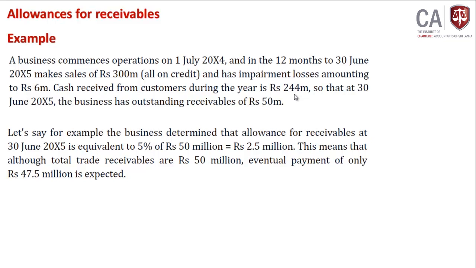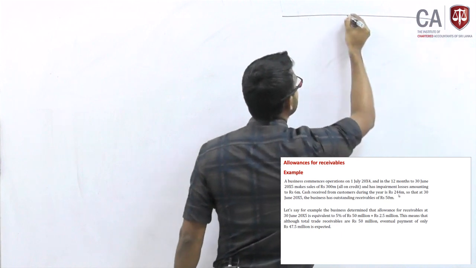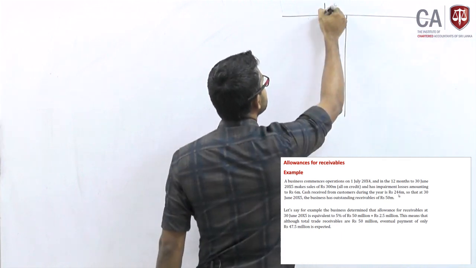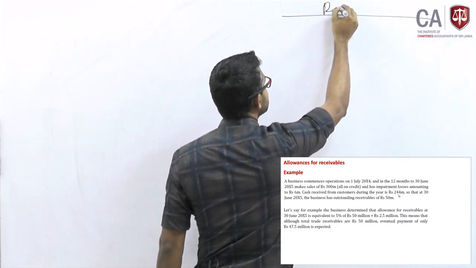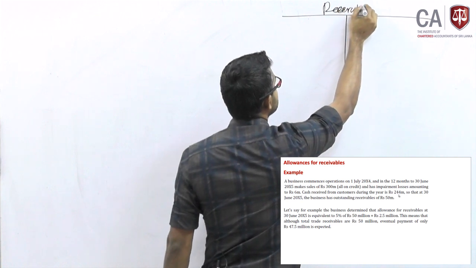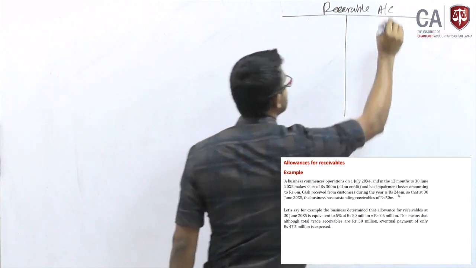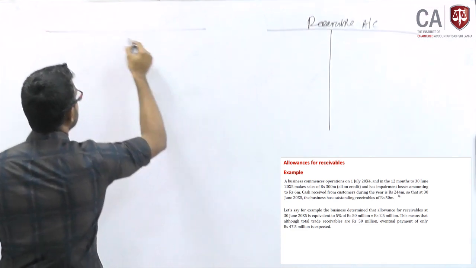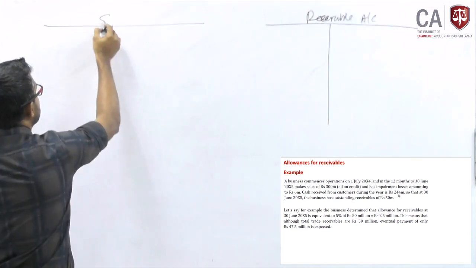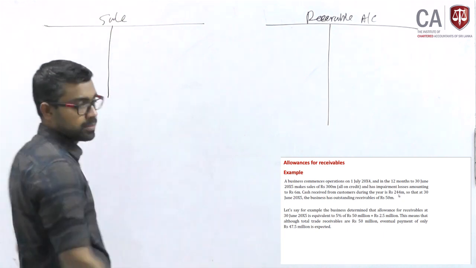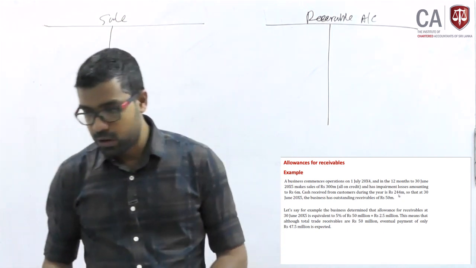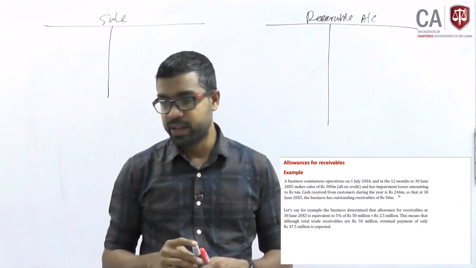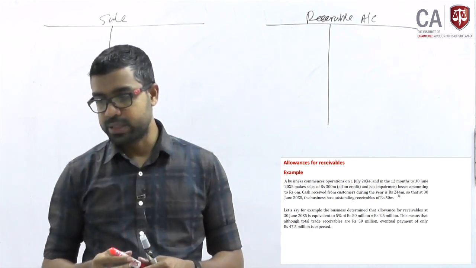I will use T accounts. You have the receivable account and you have the sales account. So what is the double entry for sales?